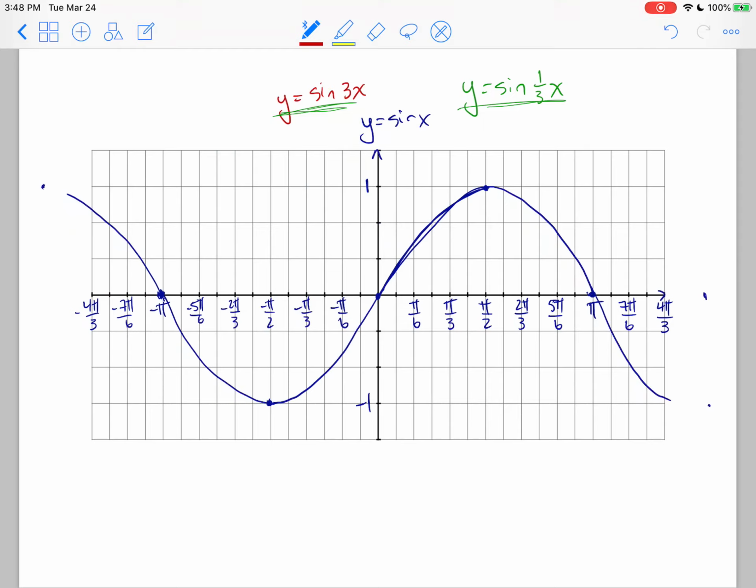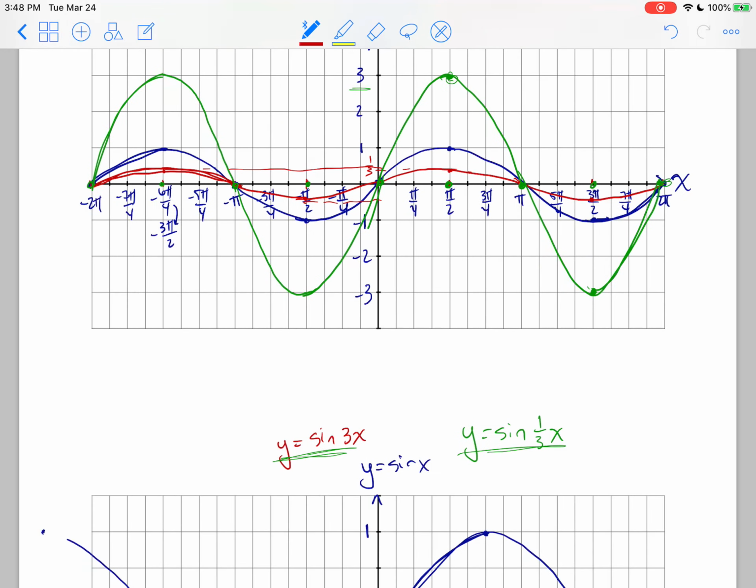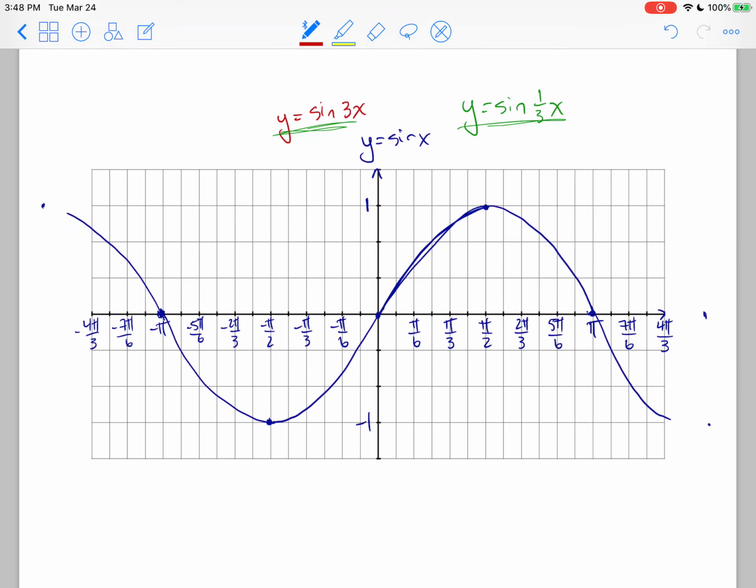Now let's try sine of 3x. We're going to do this in red. In the last one, when we did the amplitude, all of our key points, the horizontal locations of them, didn't change at all. But this one's going to change. Normally, to get from 0 to my next point, I went over 1, 2, 3, 4, 5, 6 boxes.